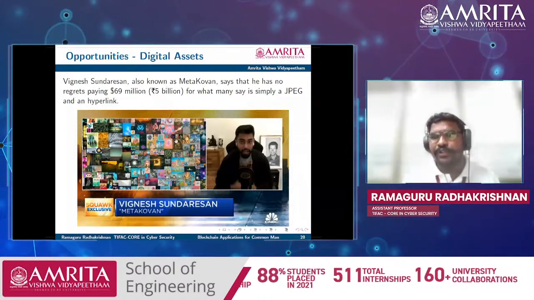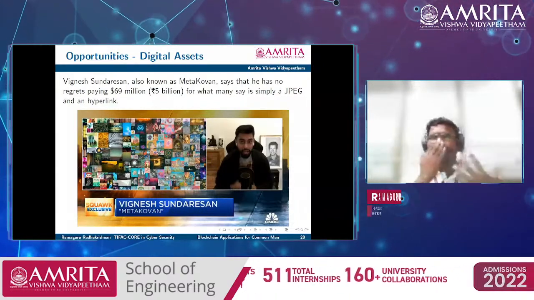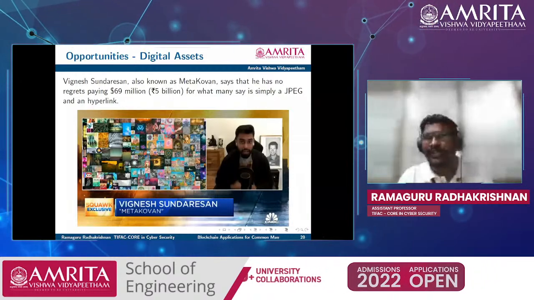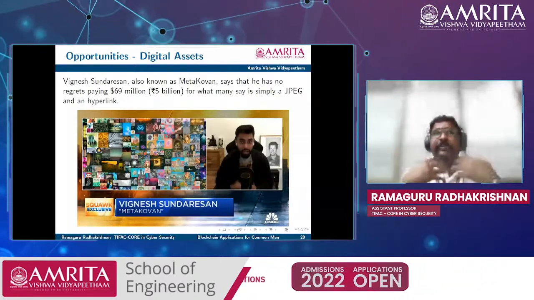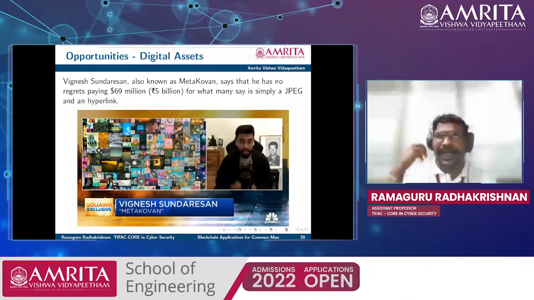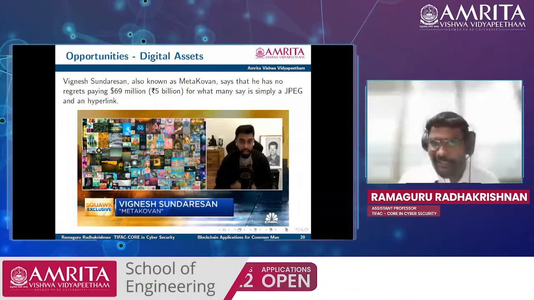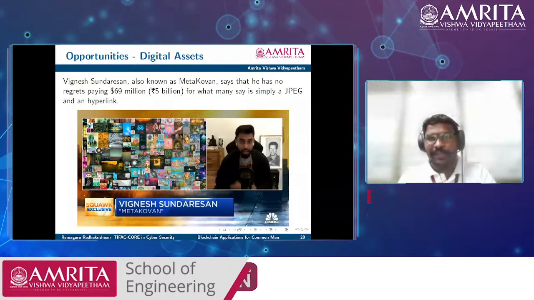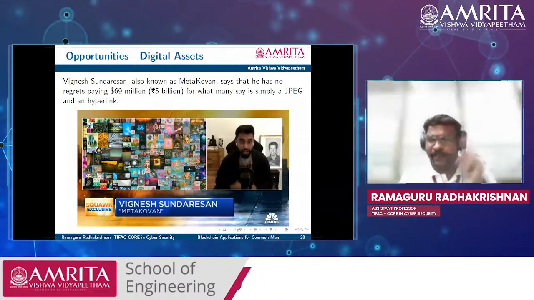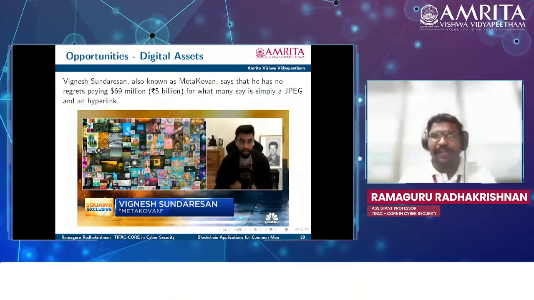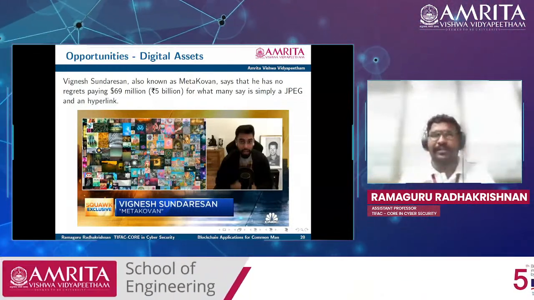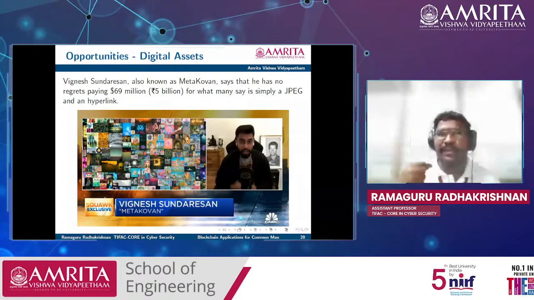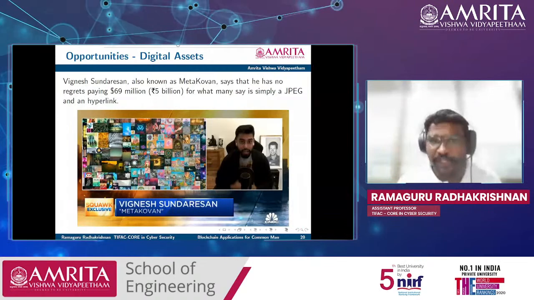So this has a lot of value, like people are buying it. Again, based on the individual perspective, what will he do with this art? That is different. But if you are having a lot of creativity, if you're having ability to create something, say music, song, picture, drawing, photography, or any of the other creative aspects, or to manage your own digital assets, you can use blockchain.